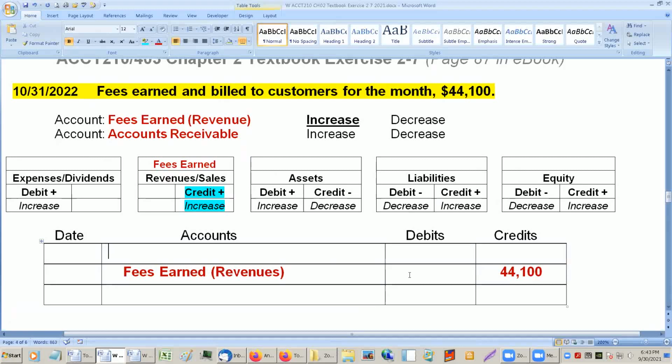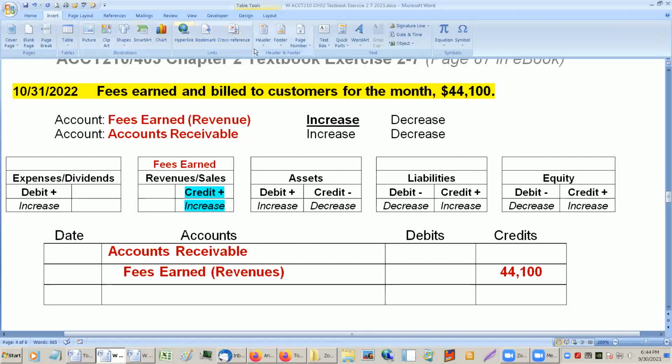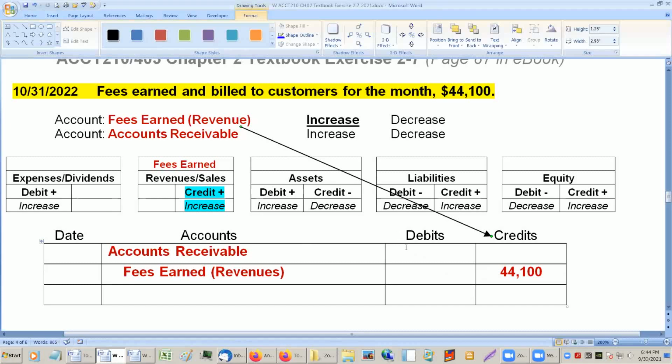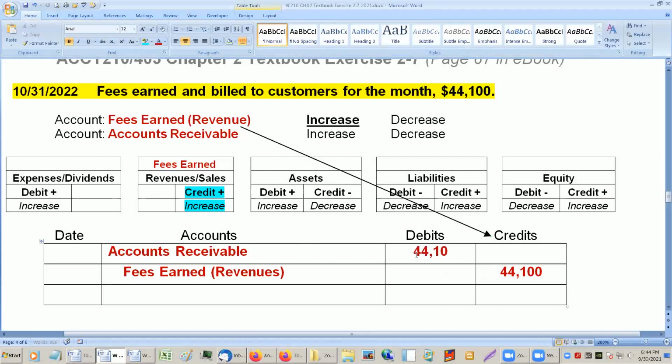Okay, and the other side is accounts receivable. So again, you run into a revenue, it's a credit. They're always credits. Hey, it's Halloween, 10/31.